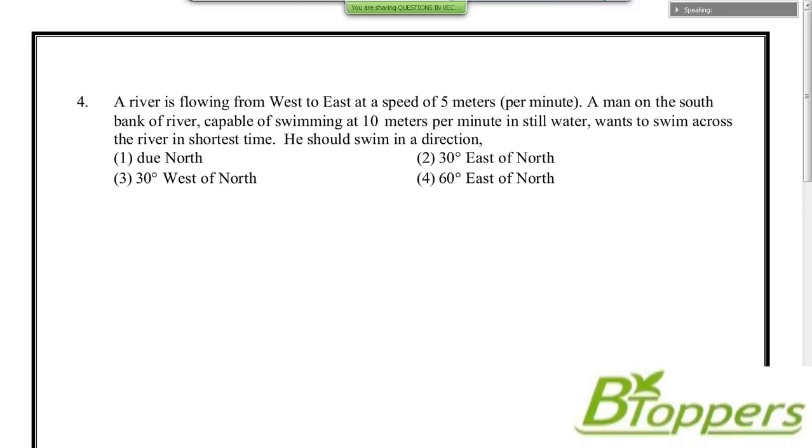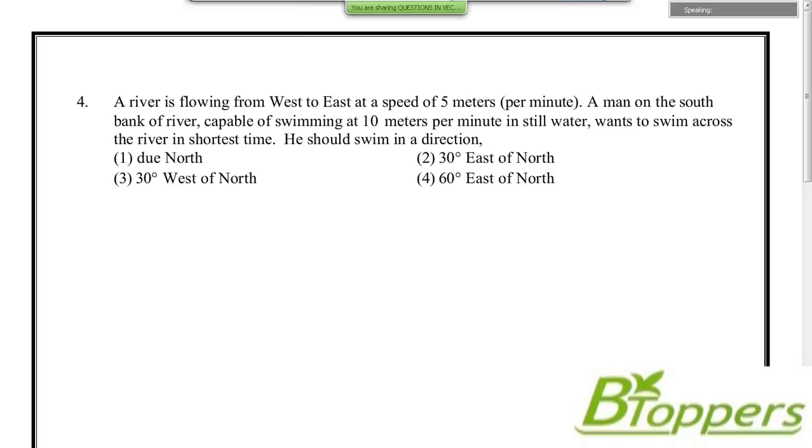Look at the question number 4. We'll read out the question number 4. A river is flowing from west to east at a speed of 5 meters per minute.